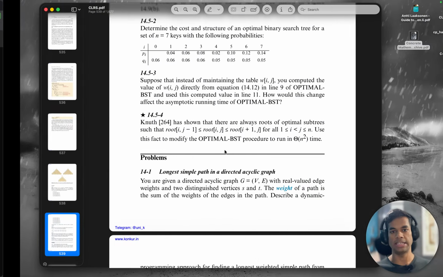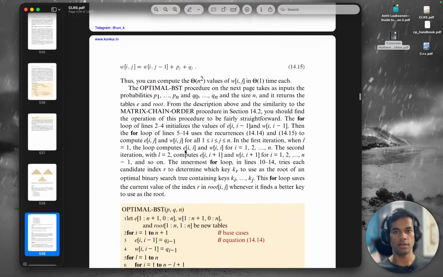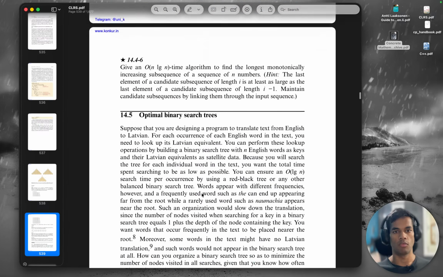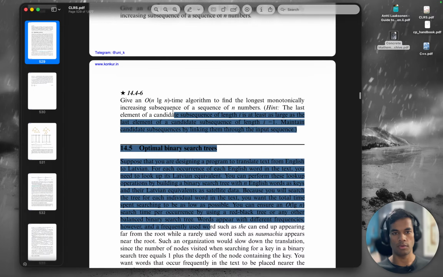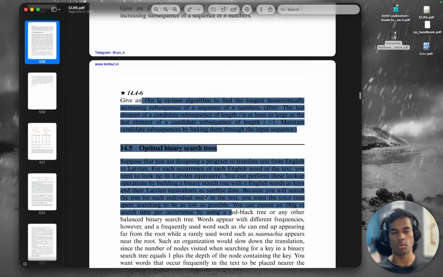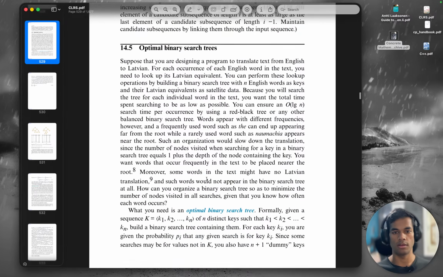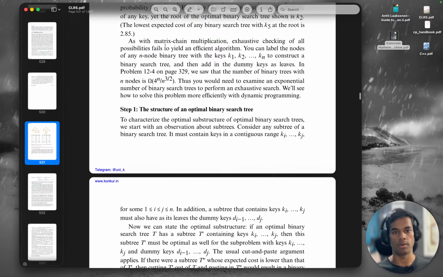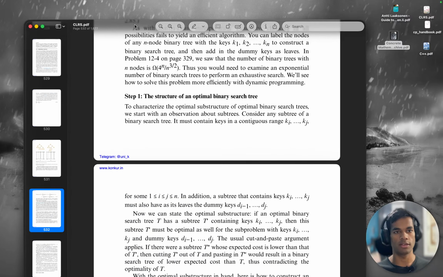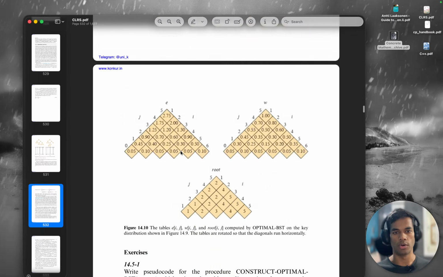It's been 2 hours and 56 minutes, and I have been studying and learning about optimal binary search trees, how we can solve and find an optimal binary search tree given probabilities for different nodes. So that was nice.